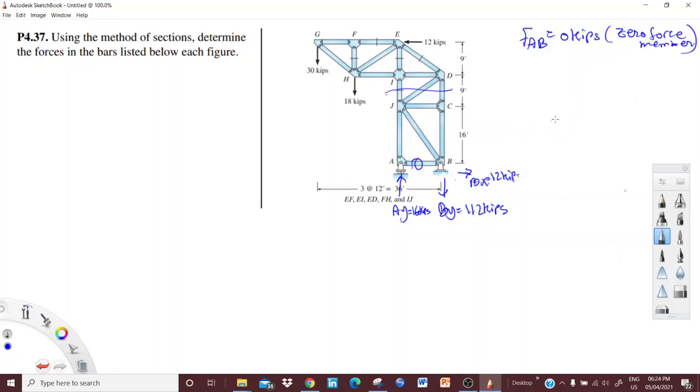So let's actually write it. Okay, here we go. Here's J, here's C, and this is your zero force member, so I will not include it. Here's the support, here's the roller, and here's the pin. Here we have 160 kips, 112 kips, and 12 kips.